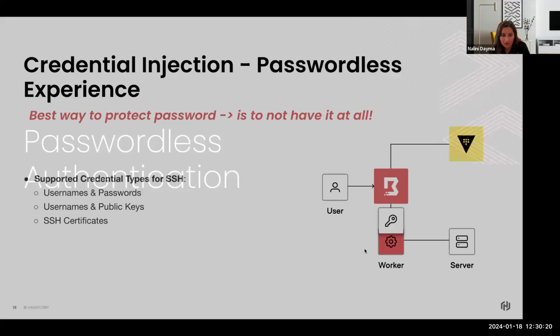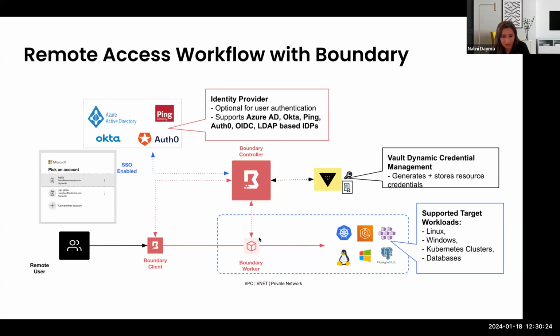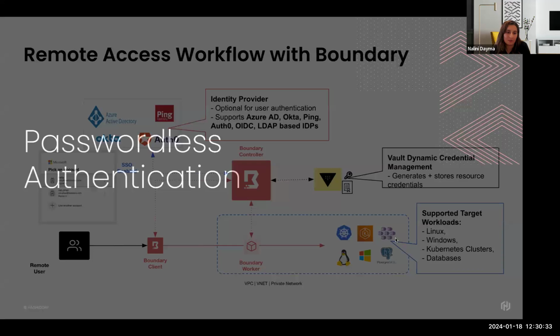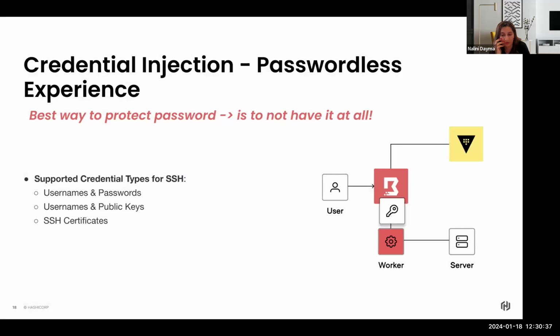In the previous slide, we discussed that there is a Boundary worker that has access to your target server. So this worker can go and inject the keys and passwords, basically the credentials, into the target server for you. That way, the remote user never has to key in the password or the SSH key, and that gives you the credential injection, or passwordless, experience.